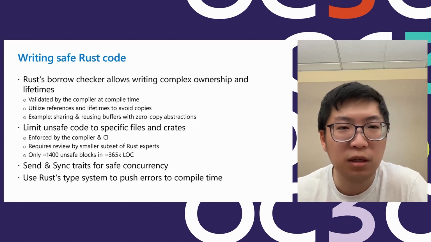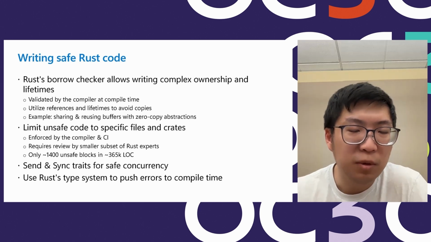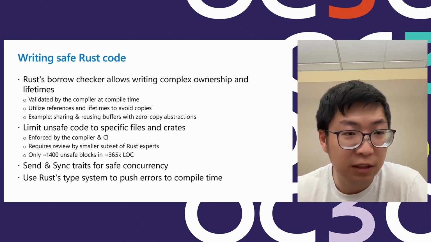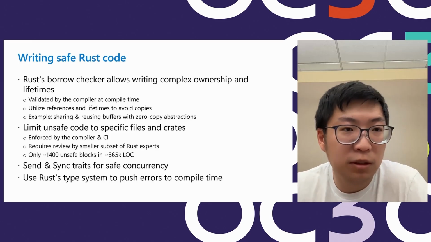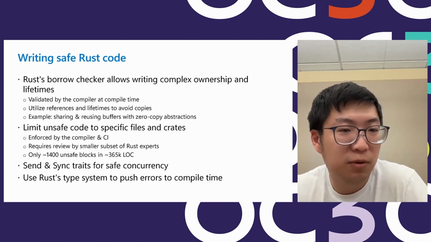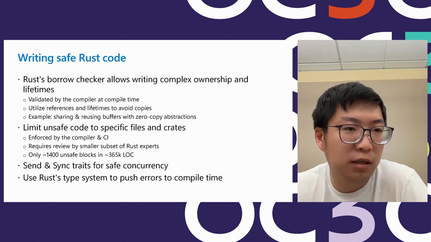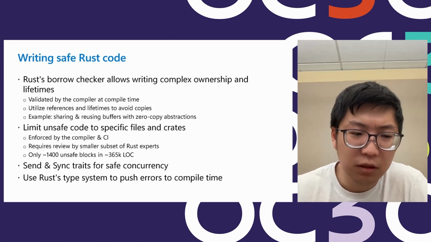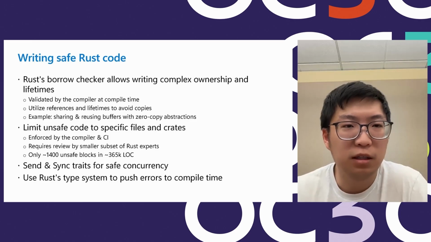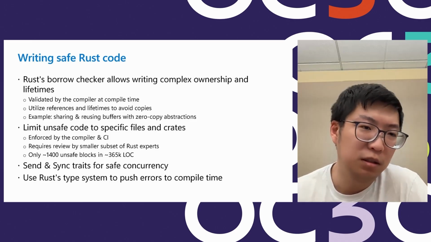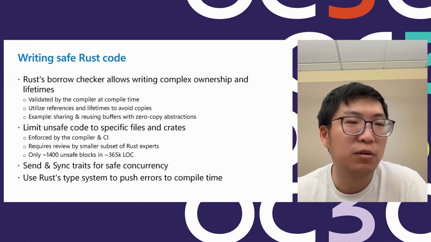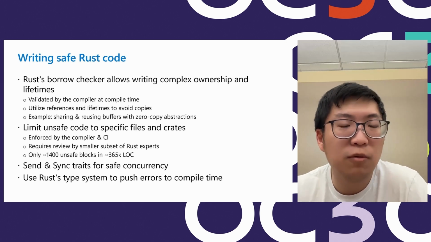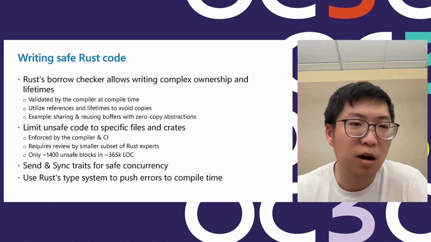We can use lifetimes and references to avoid copies, especially since we have this I/O path in the Paravisor when we are relaying storage or networking. Performance is really important, and we want the Paravisor to be as performant as possible, but we also want it to be correct, right? We can't let the Paravisor compromise the safety of the guest. So all of these different parts of Rust, like borrow checker, different traits, the type system, allow us to write safe code where we are much more confident about the correctness of our code and that we're not writing vulnerabilities.